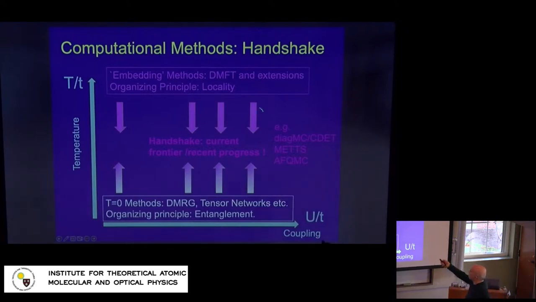These methods have been pushed down to lower temperature by doing larger clusters, including additional diagrammatics and so on. And the interesting development is that doing this and doing that now allows a dialogue in the intermediate temperature regime, which is really a place of great interest, where we can start asking the same questions and hopefully, as I will show, in reality, getting at common answers.